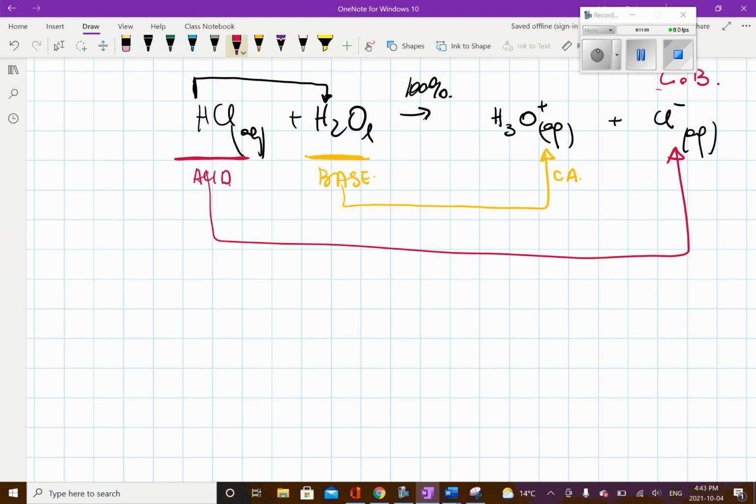Okay, let's see another example. Let's suppose that we have ammonia, NH3, acting as a base in water.